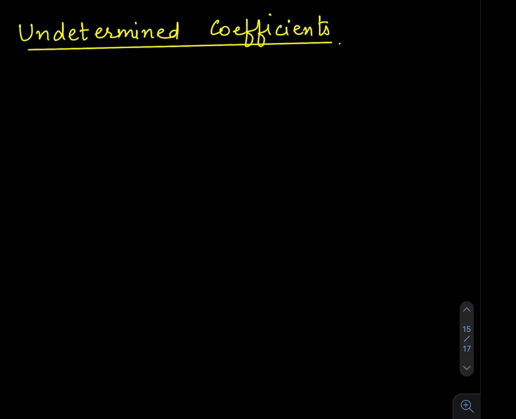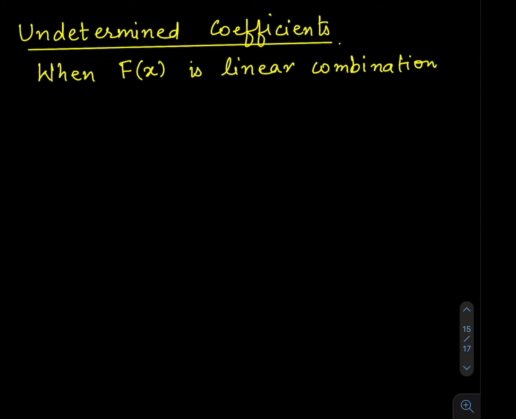Okay, so first thing, when can we apply this method? When can we apply the method of undetermined coefficients? So this method can be applied when our f(x) is a linear combination of finite products of these functions, which I am going to write down now.